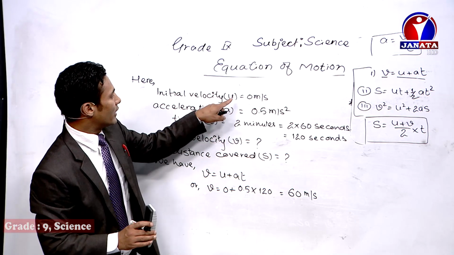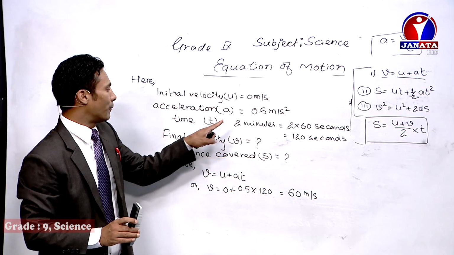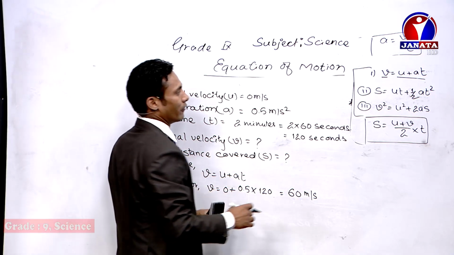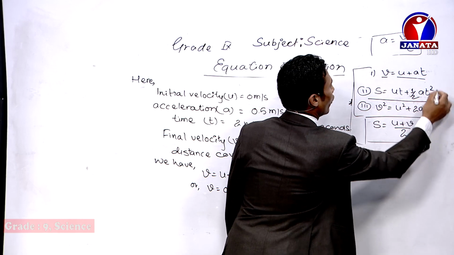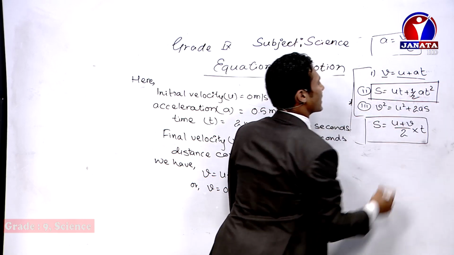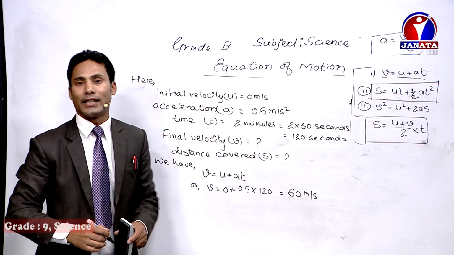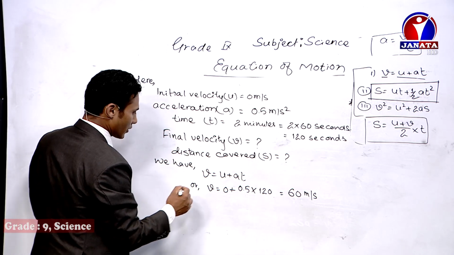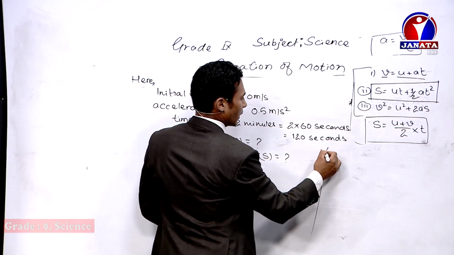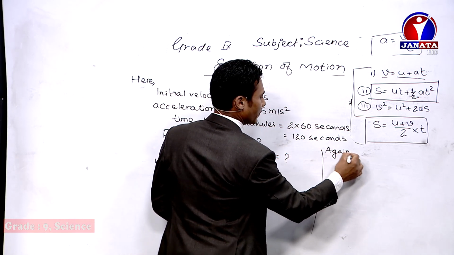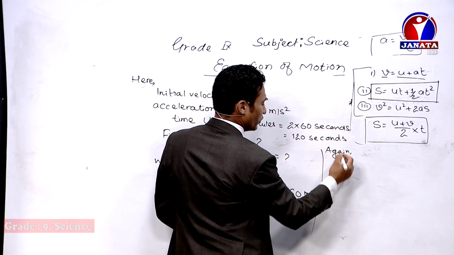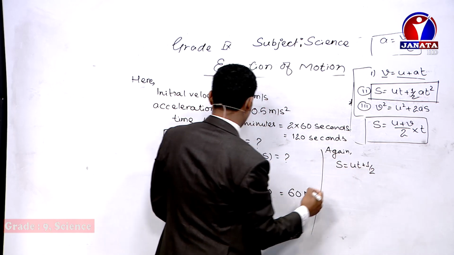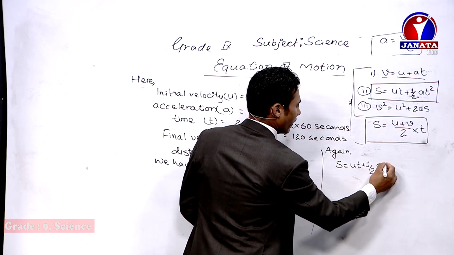So I will use the formula without having this final velocity. That means here is u, acceleration is there, time is there, and the distance is there, without v. Let's check the formula. So this is the formula where v is not there. That's why this formula is suitable for this one. So let me write it down again. The formula we need to use is s equals ut plus half at square.